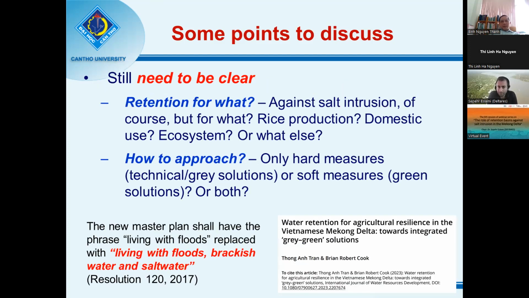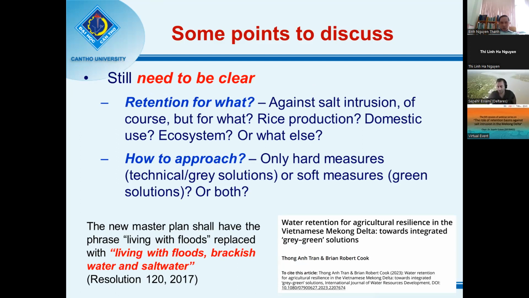But as I mentioned, it still needs to be clear: retention for what? Again, salinity intrusion, of course, but for what? Again, rice production, domestic use, ecosystem services, livelihood development, or what else? I couldn't see this in your report, of course, because you based it on a modeling and computer-based approach.